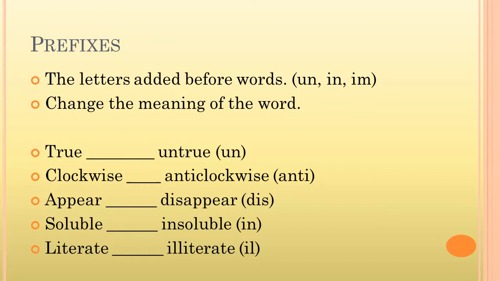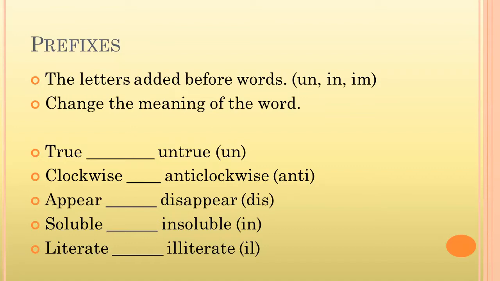Soluble, insoluble. Soluble is something that can be solved. Insoluble is that cannot be solved. Literate, illiterate. Literate means educated. Illiterate means uneducated. Ill is the prefix which means not, opposite or not.